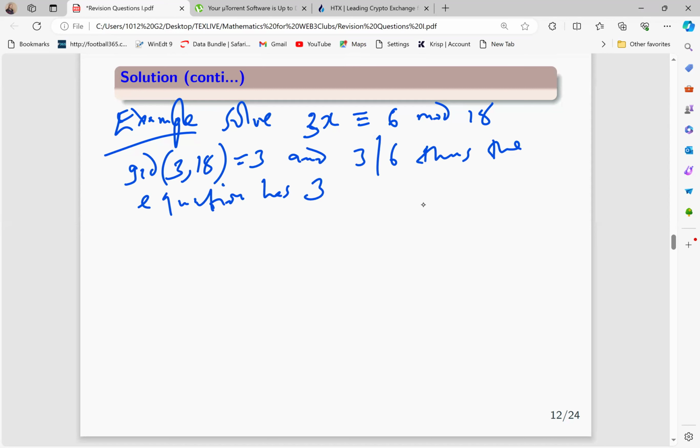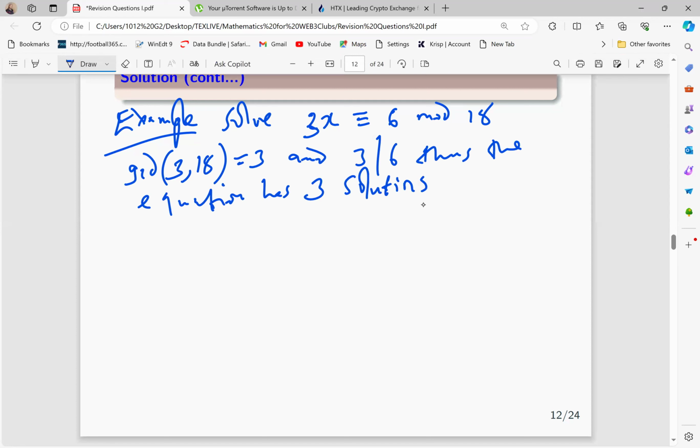It has 3 solutions. The number of solutions is equal to the GCD. So if this is equation X, we divide equation X by that GCD, and when you divide by 3, you get X is congruent to this one.